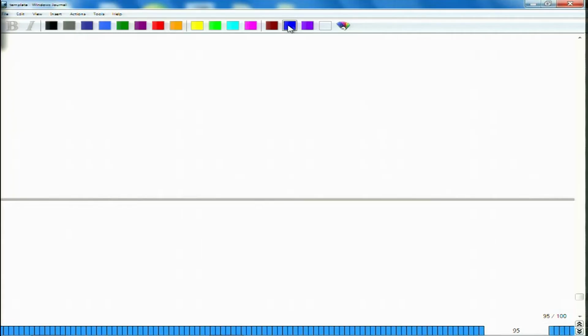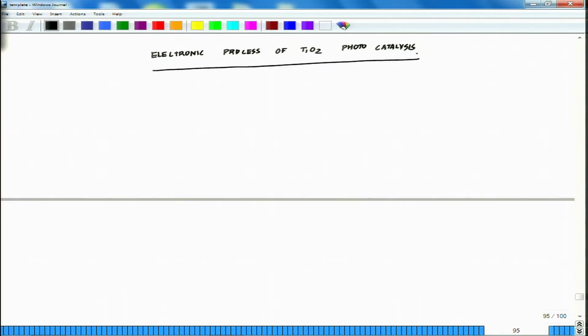We will be talking about now electronic processes of titanium dioxide photocatalysis. This will be brief. Now, when you talk about this, photocatalysis is widely used to describe the process in which acceleration of a reaction occurs.